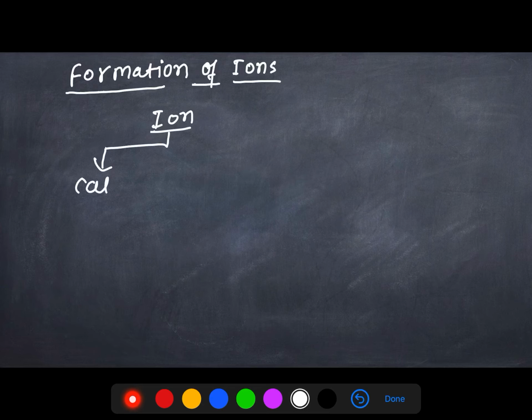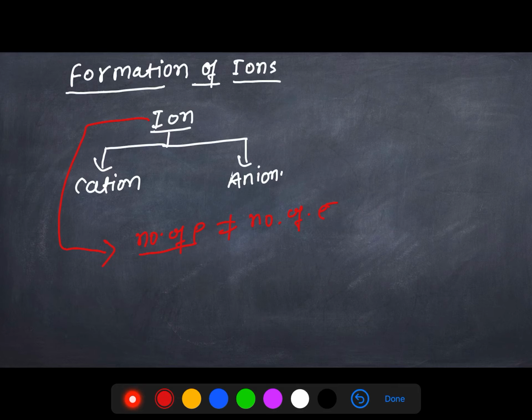Fine. So we already are aware that an ion can be positively charged, and we call them cations, and there can be negatively charged ions. We already know from the previous lecture that in case of ions the number of protons is not equal to the number of electrons.